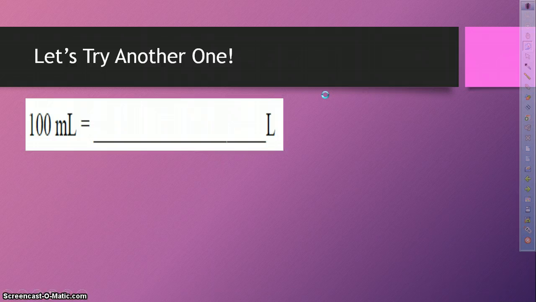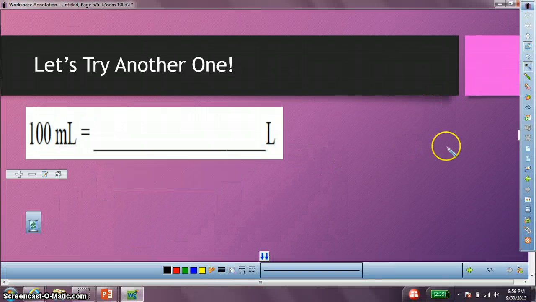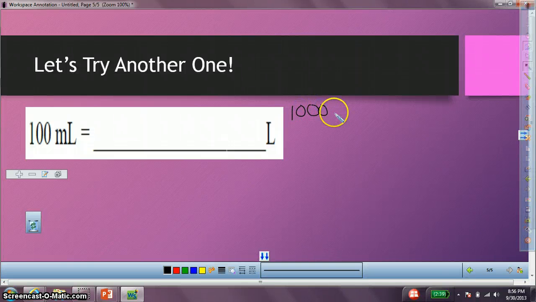All right, let's try another one. We want to convert 100 milliliters into liters. First, we have to start with our conversion factor. We know milli means 1,000, so there must be 1,000 milliliters in 1 liter. Now we're converting from milliliters to liters, so we want milliliters to be in the denominator.